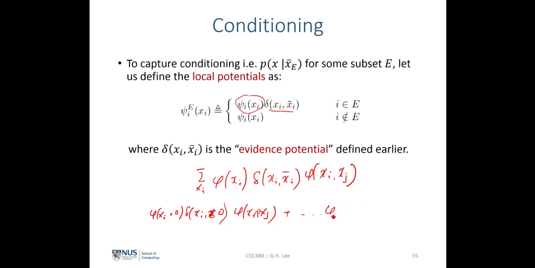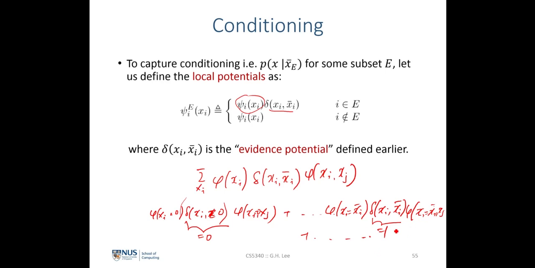And one of the terms would be x_i equals x_i bar multiplied by delta of x_i bar, as well as x_i equals x_i bar with x_j, plus all the other terms. So we can see that all the other terms are going to drop off, because the delta is going to be 0, except for this term, which is going to be equal to 1.